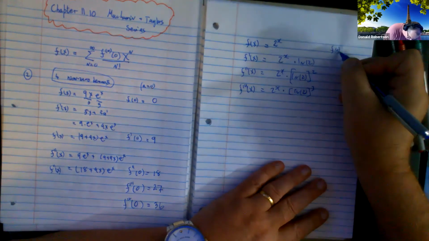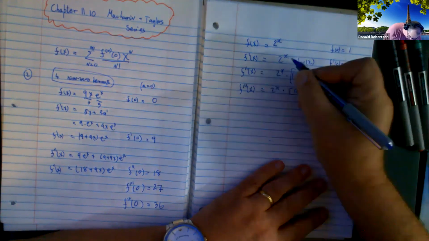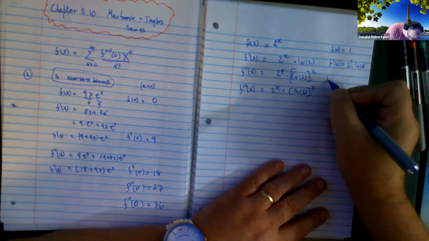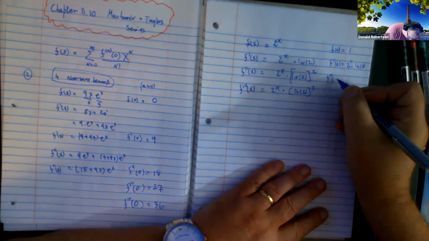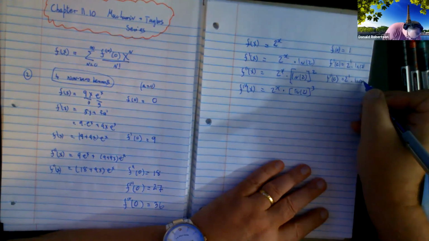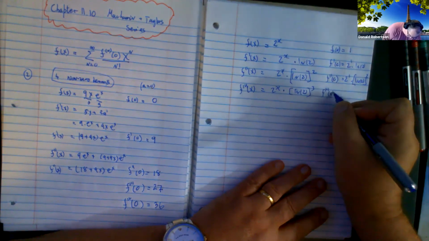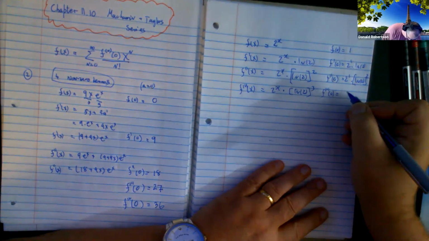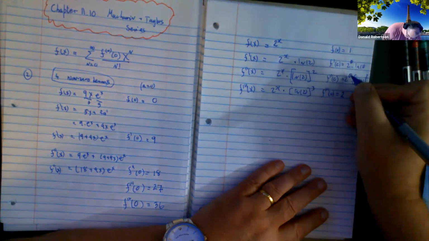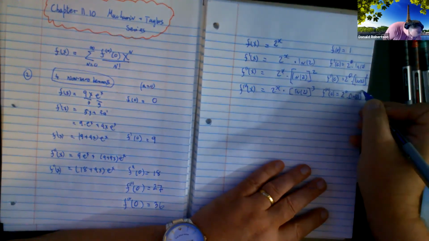The value of the function at 0 is 1. The first derivative at 0 is 2 to the power of 0 times log 2. The second derivative at 0 is 2 to the power of 0 times log 2 squared. And the third derivative at 0 is, I'm calling this 2 to the 1, it's 2 to the 0, my apologies, 2 to the 0 times the natural log of 2 cubed.